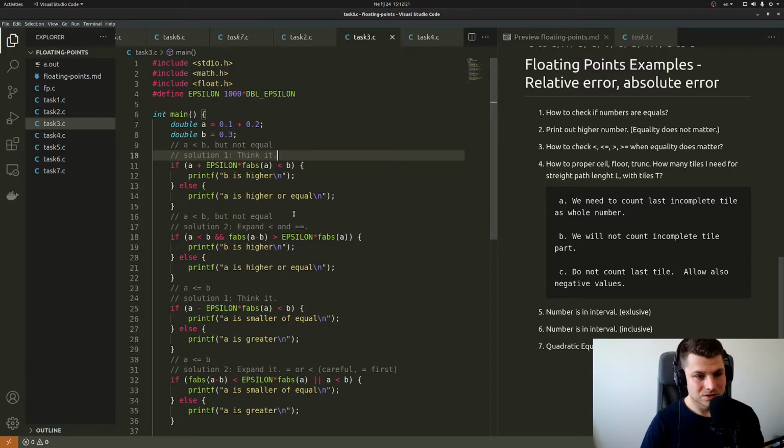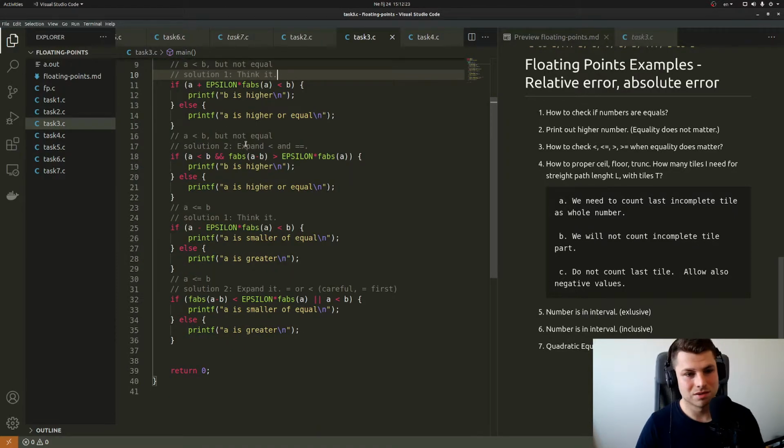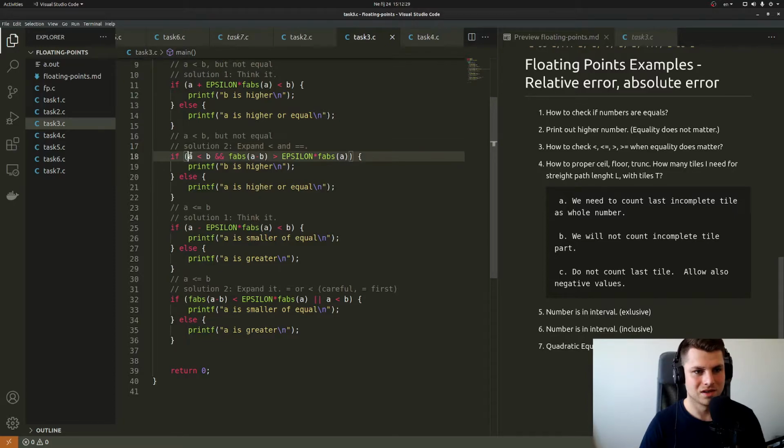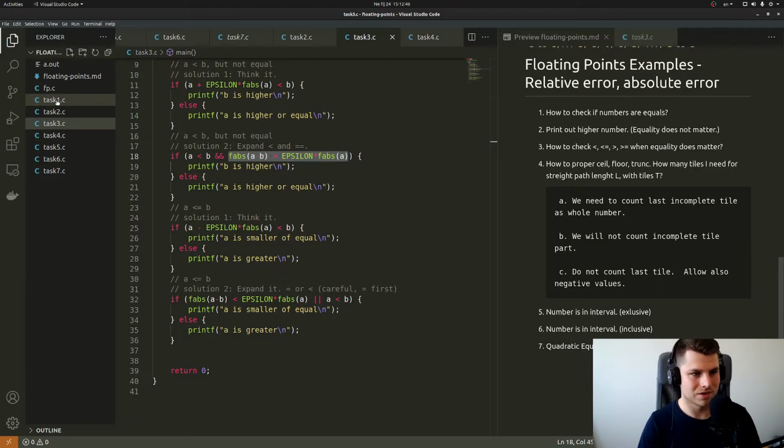Or another solution for this is to expand to smaller than and equivalent. So we can make a condition like a is smaller than b, but the distance between a and b is more than the epsilon. So this is just the negation of equality from task one.